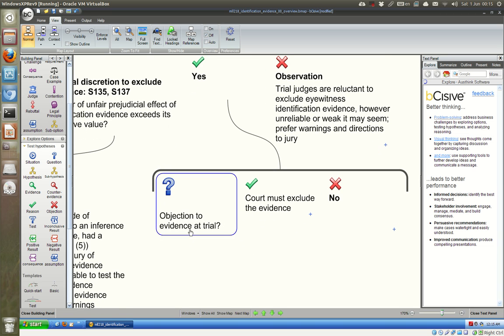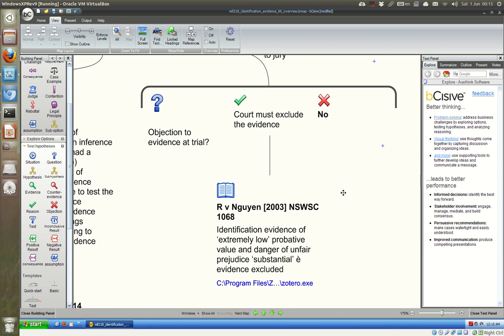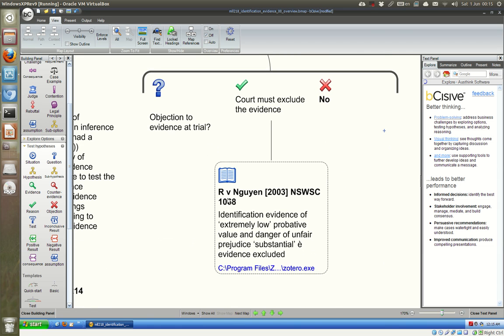And if there is an objection, the court must exclude the evidence, as we saw in the case of the Queen against Nguyen in 2003 in New South Wales, where it was held that the identification evidence was of extremely low probative value and there was a danger of unfair prejudice, and the danger of unfair prejudice was substantial, so the evidence was excluded.